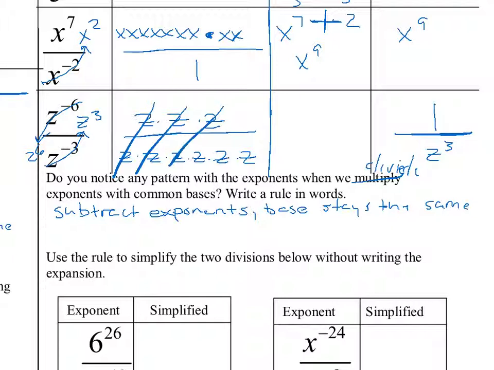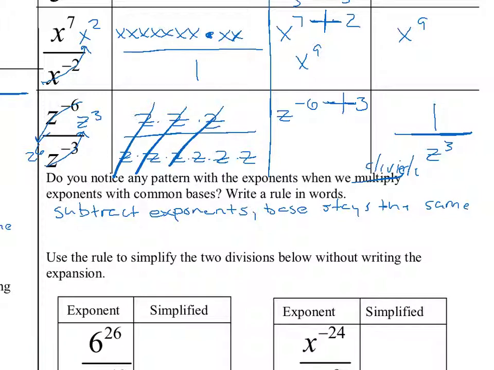If we were to have done this one by rule, z to the negative 6 minus negative 3. Leave, change, switch gives me a positive plus sign. Negative 6 plus 3.